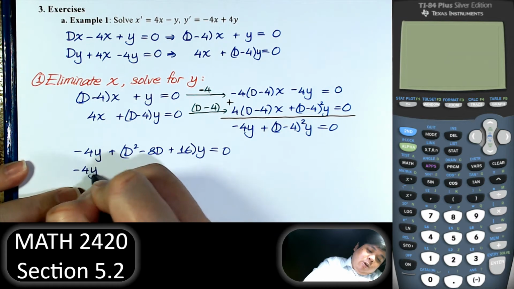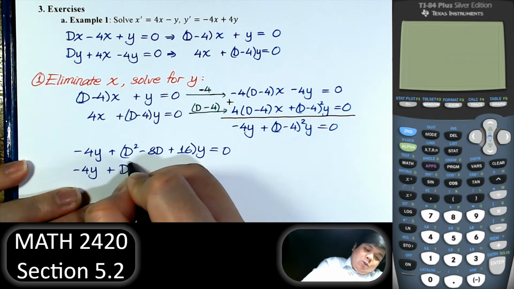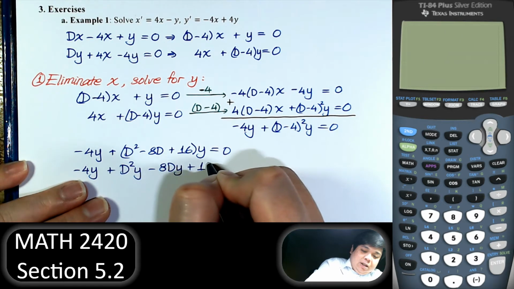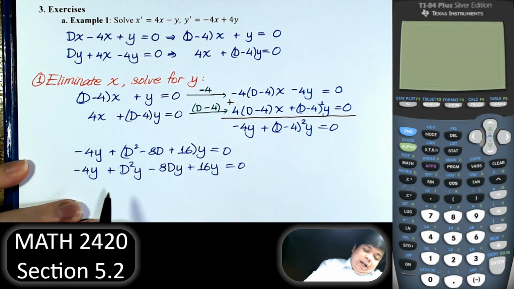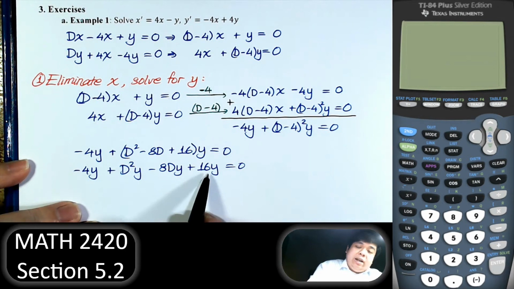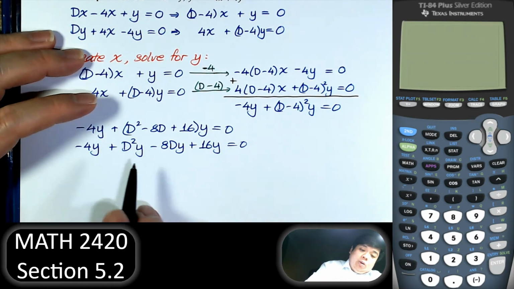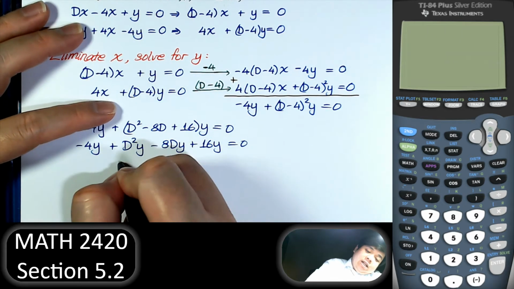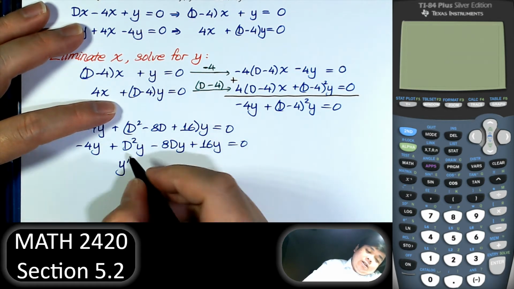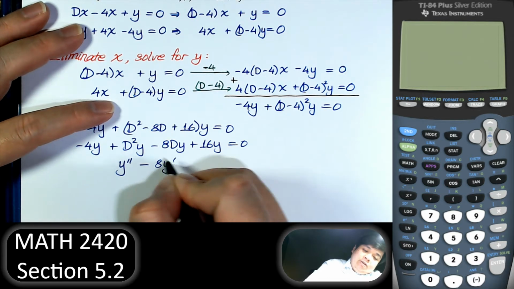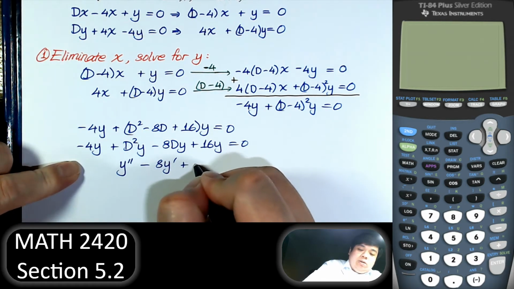Negative 4y plus D squared y minus 8Dy plus 16y equal to 0, and combine negative 4y and 16, that gives us 12. And now we can rewrite this: D squared is the second derivative of y, minus 8 times the derivative, plus 12y.